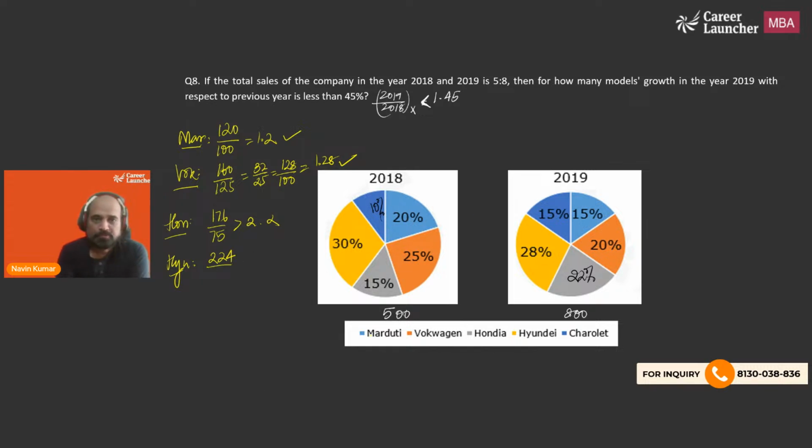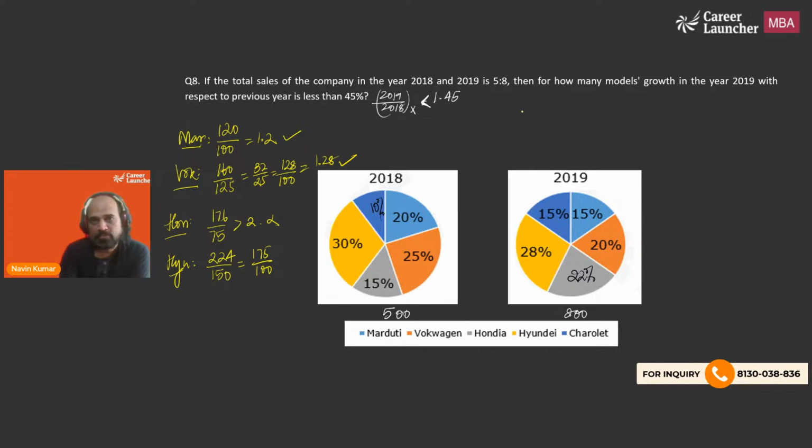And for 2018, this is 30 into 5, which is 150. Okay. So if you divide it by 1.5, which is going to be difficult. This is 175 upon 100.